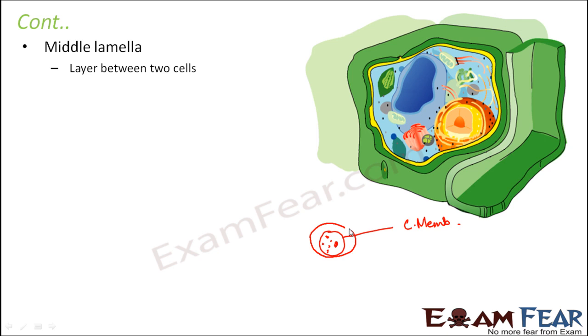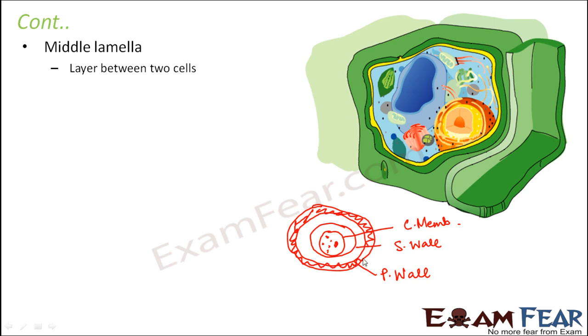Outside the cell membrane, you have the secondary cell wall. Outside the secondary cell wall, you have the primary cell wall. And outside the primary cell wall, you have the middle lamella. So this layer is the middle lamella.